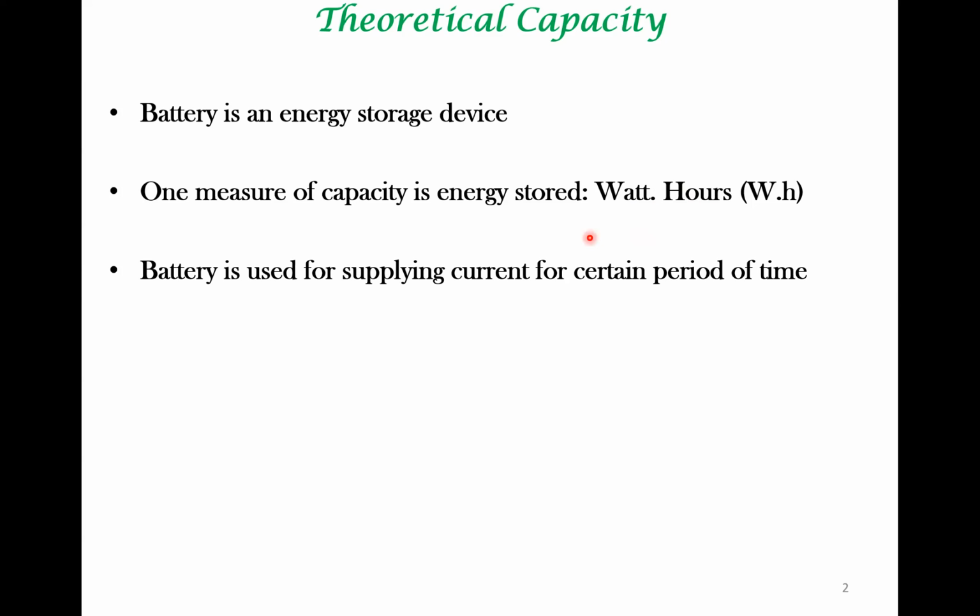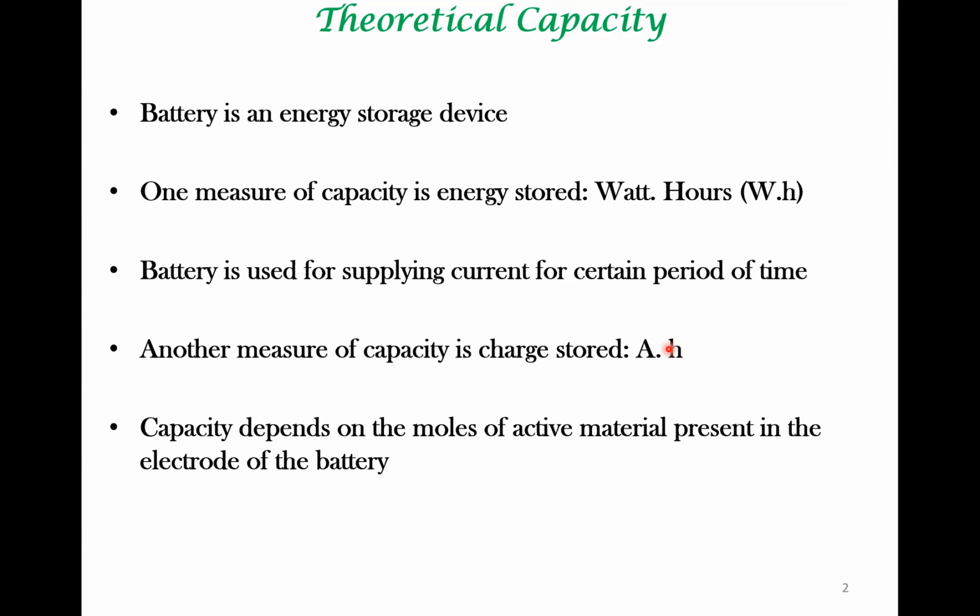A battery is also used for supplying energy for a certain period of time. So another measure of capacity is the amount of charge stored in a battery, which is depicted by ampere hour. This gives a measure of charge that is stored in a battery.